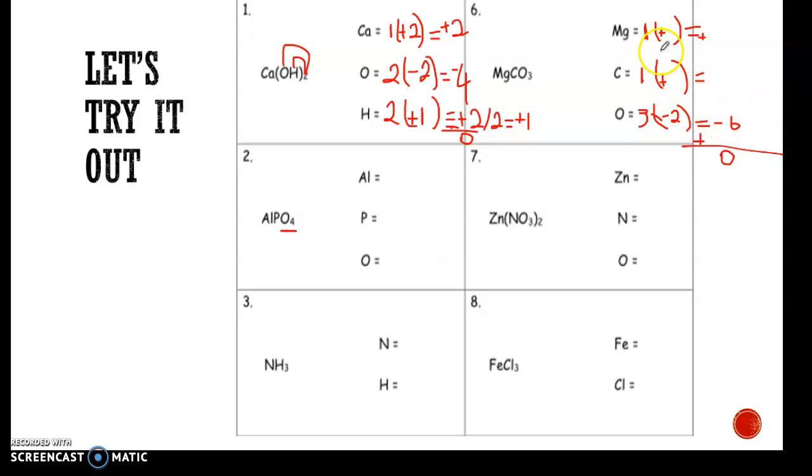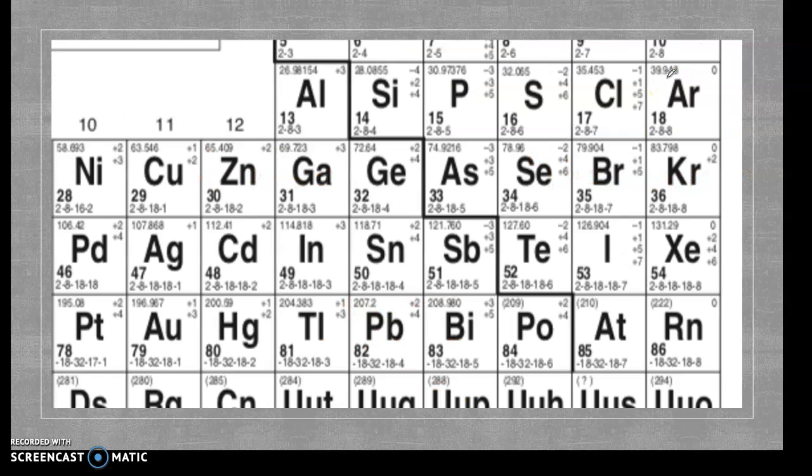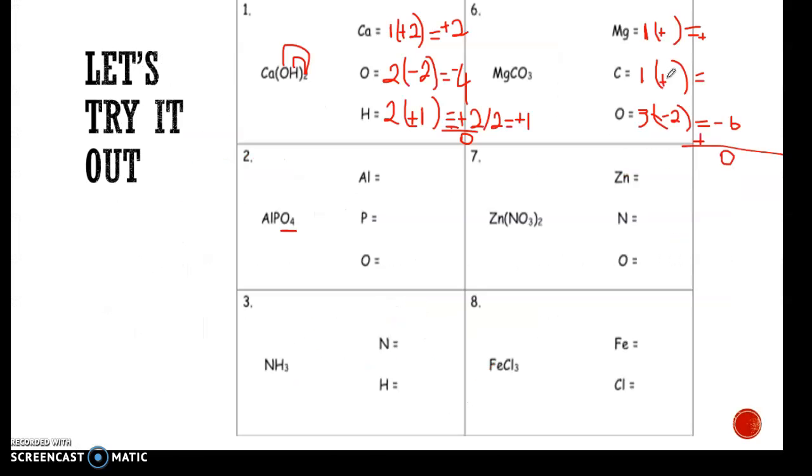Right? So magnesium only has one oxidation state as well, and that is +2. So 1 times +2 would give us +2. So -6 plus +2 will leave us with -4.